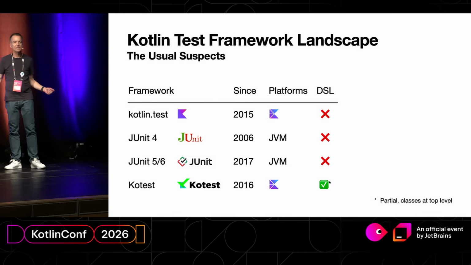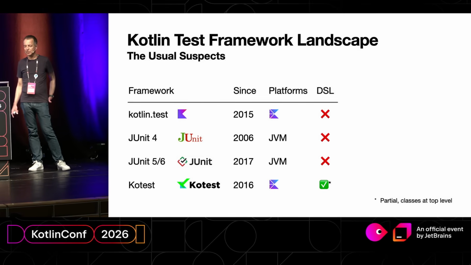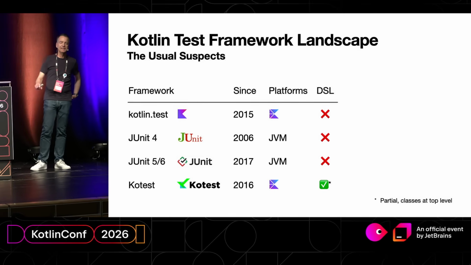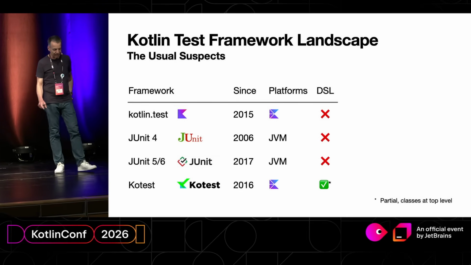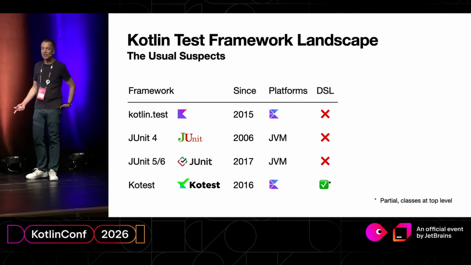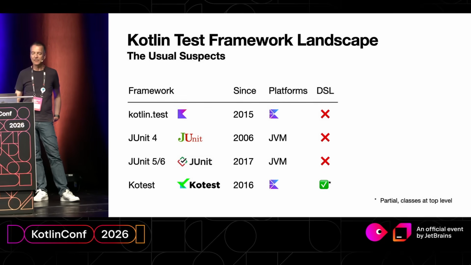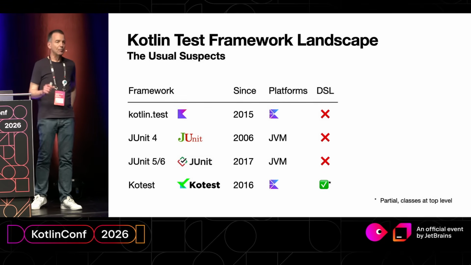If we look at the Kotlin test framework landscape today, this is what it usually looks like. We have Kotlin test, a very basic test framework, providing the most basic capabilities of the JUnit frameworks that we know from the JVM. Then there's JUnit 4. The Android developers are still mostly on JUnit 4. And there's JUnit 5 and 6. Both are JVM-only frameworks.